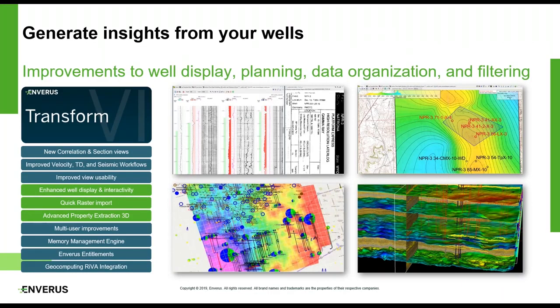The next theme, generating insights from wells. This is a focus on well data. And I mentioned quick rasters. So there's a new method of getting large amounts of raster data into Transform, into that correlation view so that you can interpret on them without having to go through a heavy-handed import process.